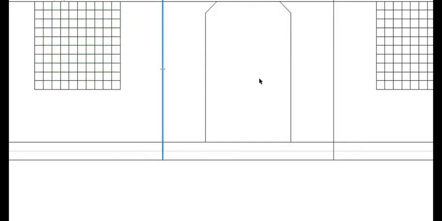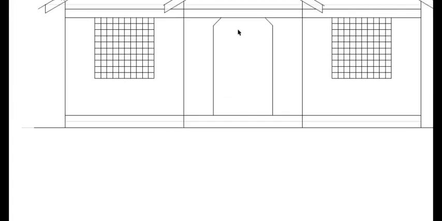Now go ahead and draw our door. The door should be inside there. We're going to see the door inside this opening here. So it's a double door, 1,500. So we're going to measure 750. That is 15 millimeters to scale.